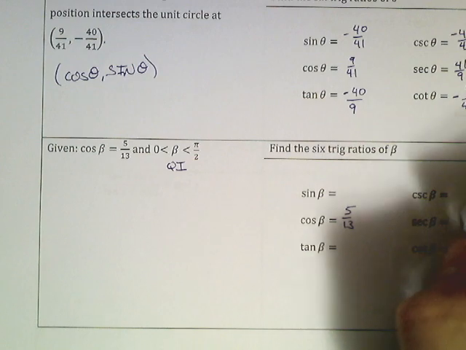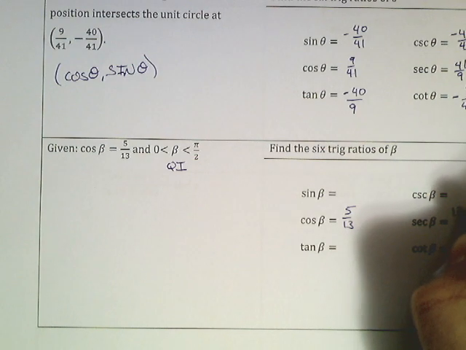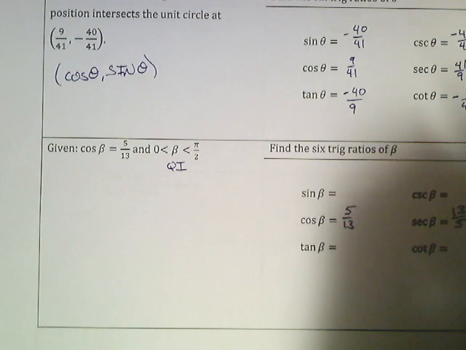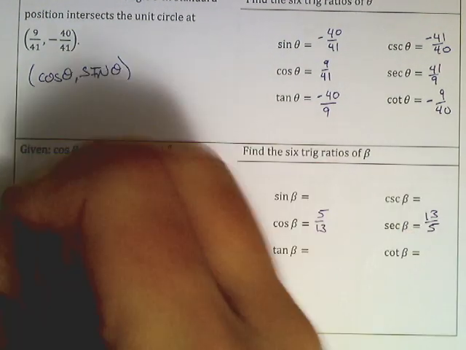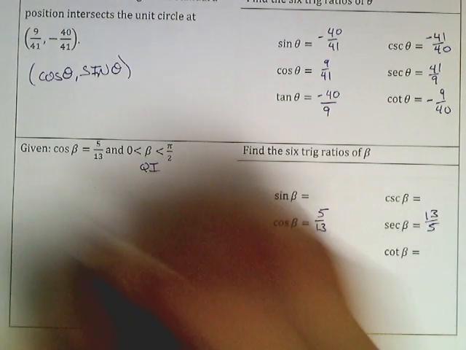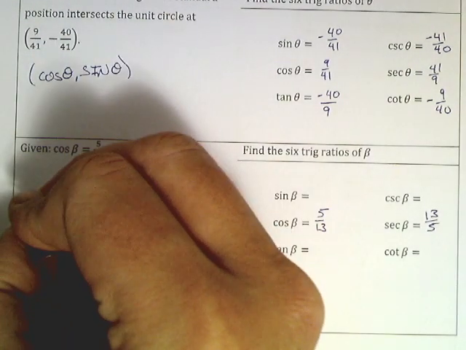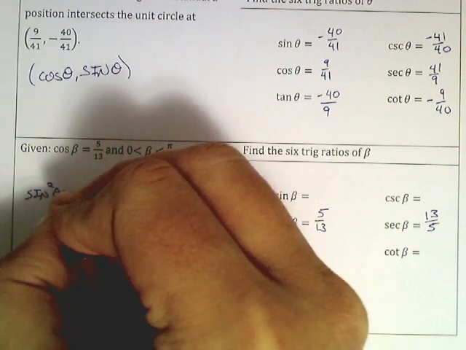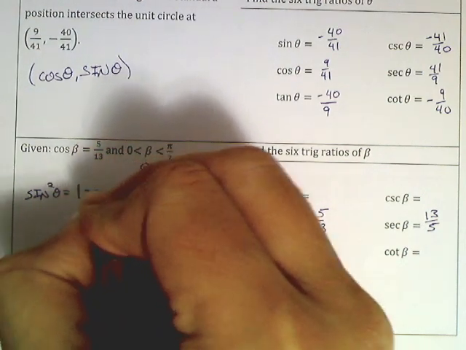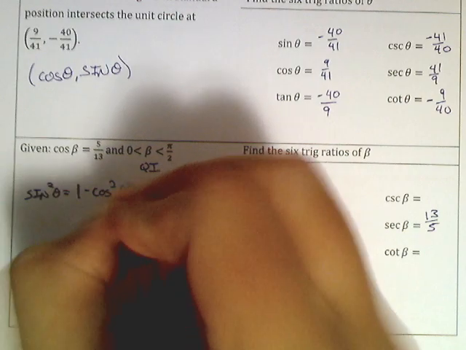Since I know cosine, that means I also know secant. I just take the reciprocal of that, 13 over 5. To find sine, I need to do the Pythagorean identity. So sine squared theta is equal to 1 minus cosine squared theta.